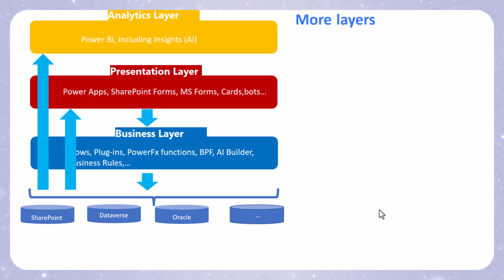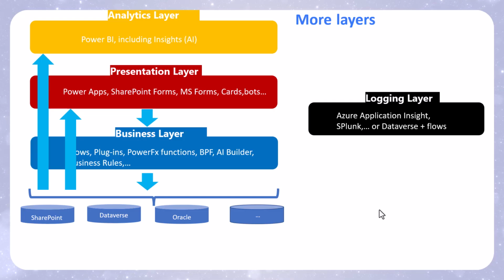These data sources have different features, like for instance, Dataverse provides direct query, which means that if the data changes in the Dataverse or in Oracle or SQL Server, then you will see the change in the reports. That's not the case in SharePoint, because in SharePoint, you have to wait for a refresh of the data source to be triggered, like every 8 hours, for instance. You see, so there are some differences between these data sources when it comes to the analytics layer.